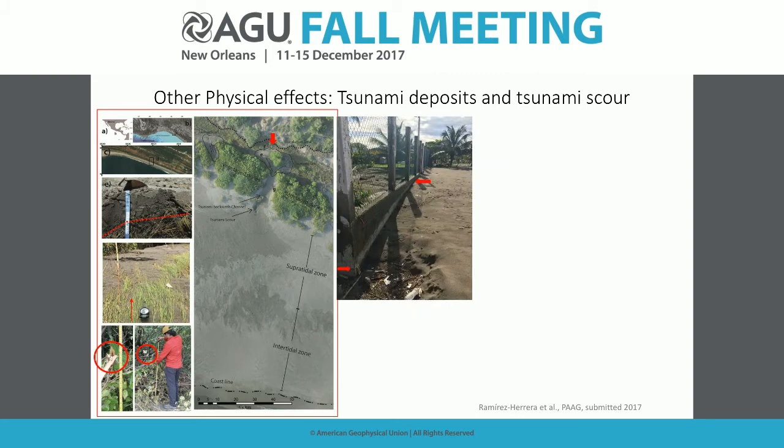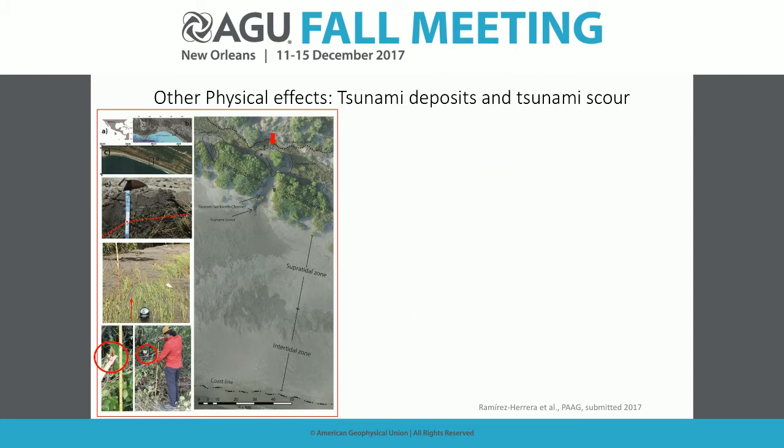With the drone, we had access to areas like this one, where maybe you cannot see, but this area has grasses that are already dying, yellow, because of the high salinity. This was the area covered by the tsunami inundation, and we used these dying grasses to determine the distance of the inundation and the flow.